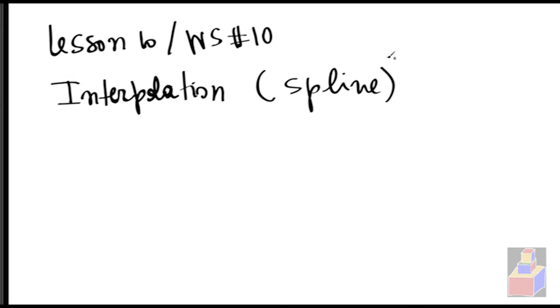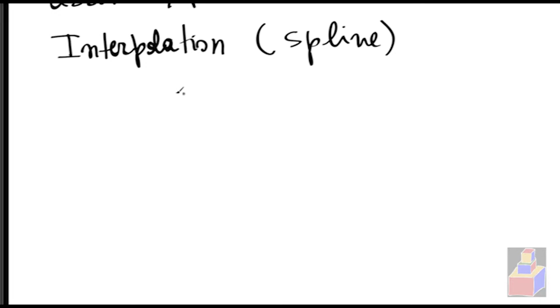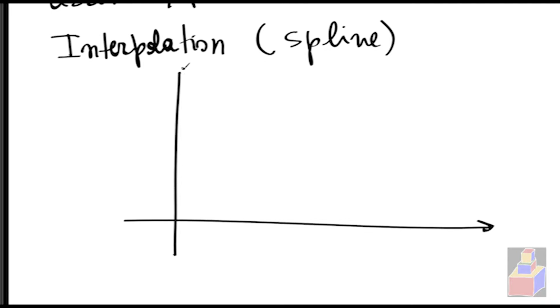In general, sometimes you measure a set of data points. You have a discrete set of points of a physical quantity, okay? And let's say that you have this ordered from x0 to etc. to the nth value.